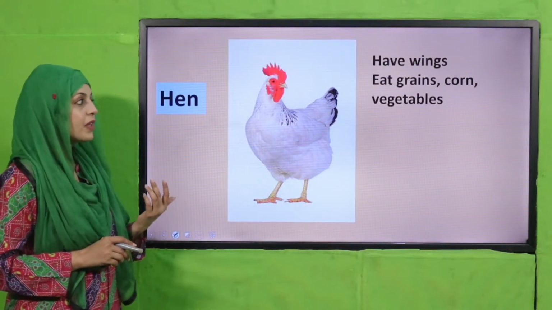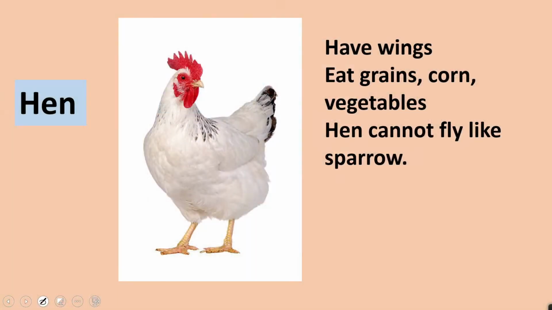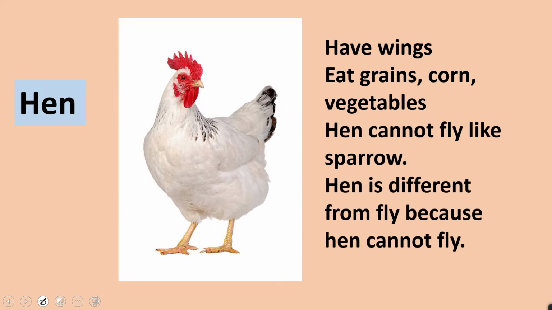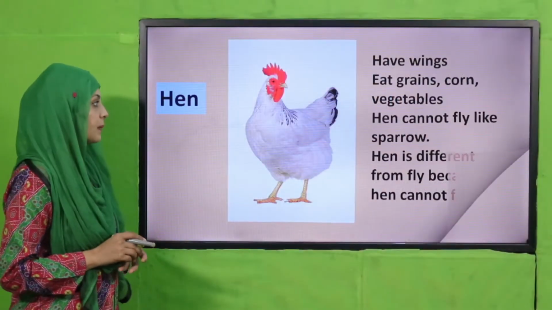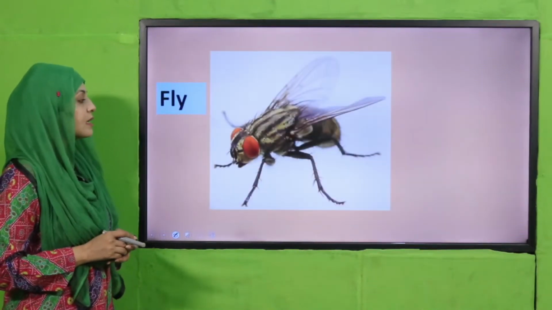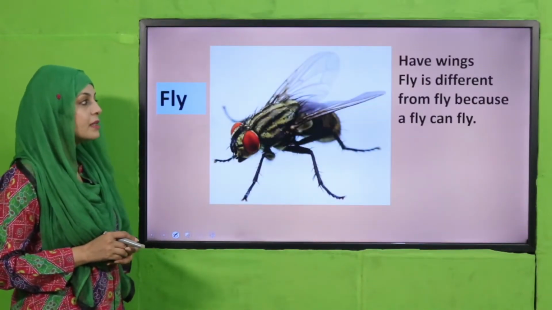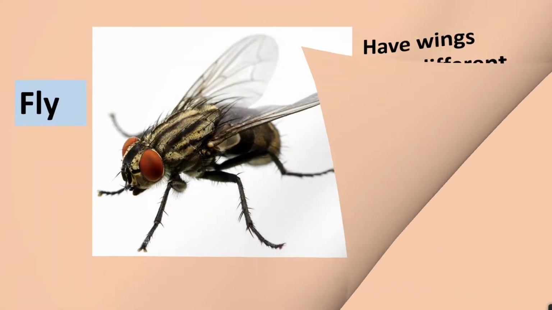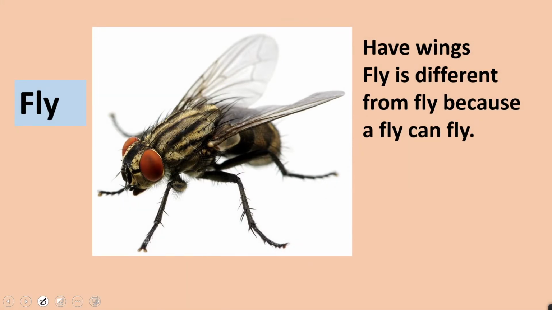Hen has wings, eats grains, corn, vegetables. Hen cannot fly like sparrow and hen is different from fly because hen cannot fly like a bee. ठीक है, एक मक्खी की तरह ये नहीं उड़ सकती. Next is a fly. A fly has wings.